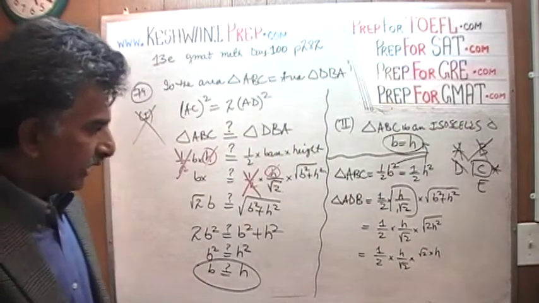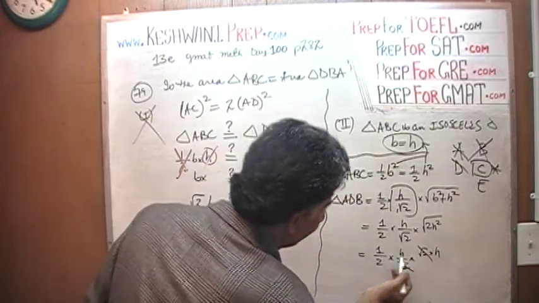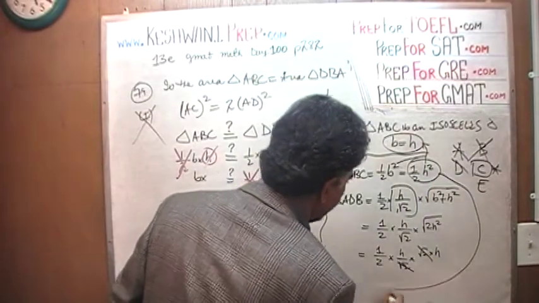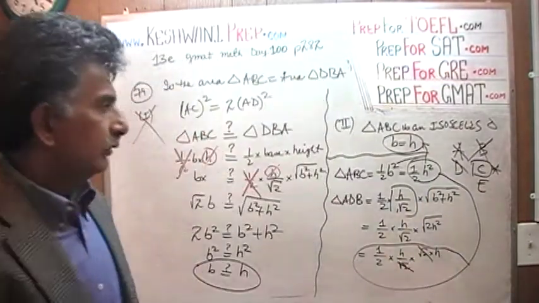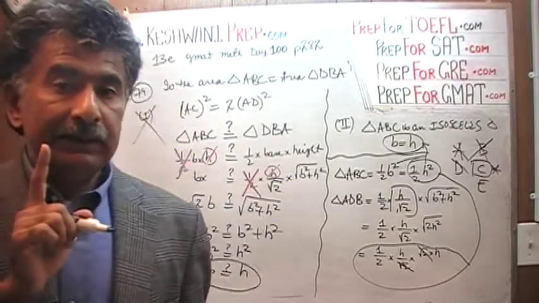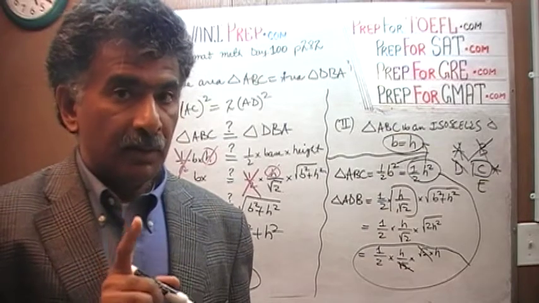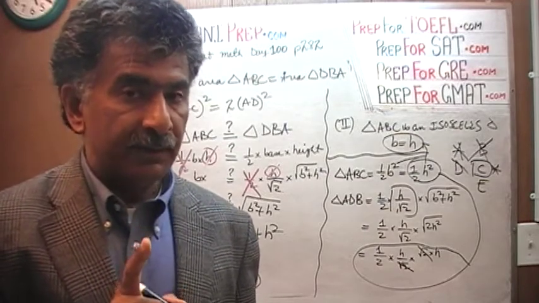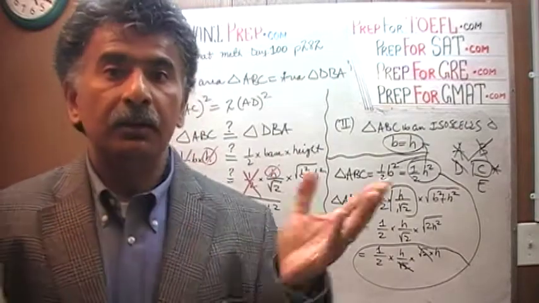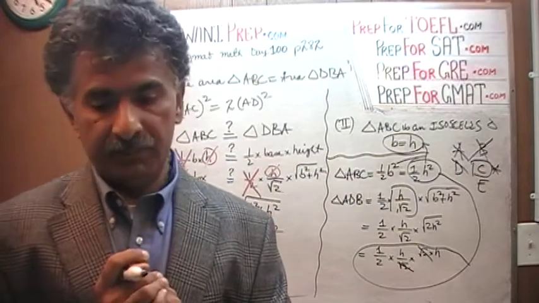This √2 cancels out with this √2, and we end up with 1/2 h squared. Voila, 1/2 h squared, which is exactly what we have here. So the areas of the two triangles are in fact equal if the bottom triangle happens to be an isosceles triangle, and if the relationship that they gave us in the first statement holds. Putting the two conditions together, we can answer the question. Yes, the areas of the two triangles are in fact equal. That's all.